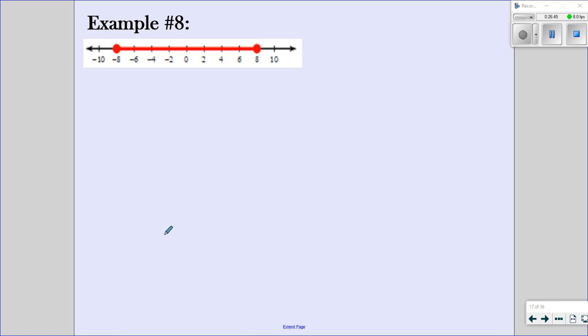Next one. I know this is going to be an and statement because it's overlapping. They're both closed, so negative 8 is closed, and 8 is also closed. And notice that everything from negative 8 is going to the right. So that means x is going to be greater than negative 8. And everything from 8 is going towards the left.